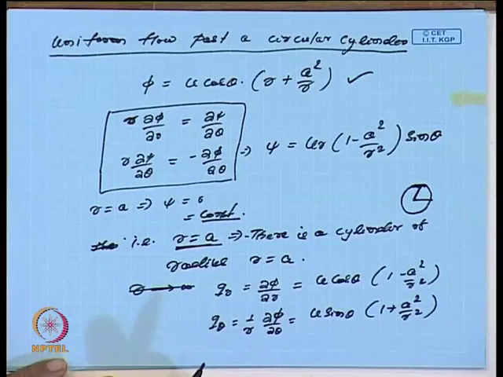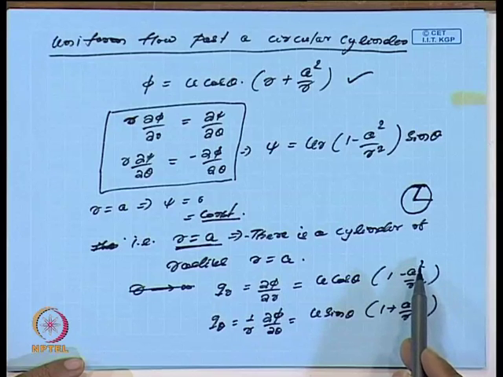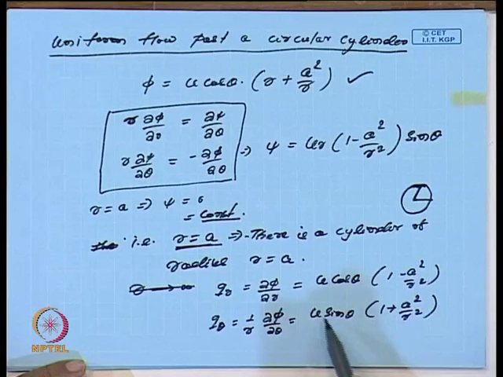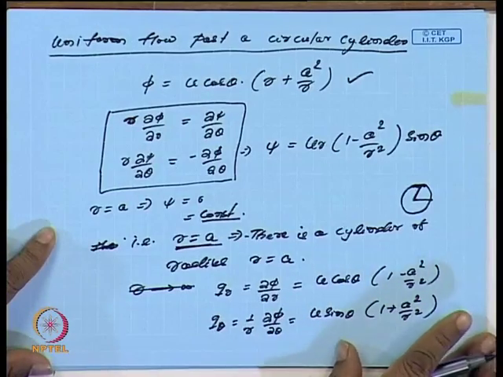So, this itself shows that when r tends to infinity, this part will be 0, and then you have q r is u cos theta, q theta is u sin theta.